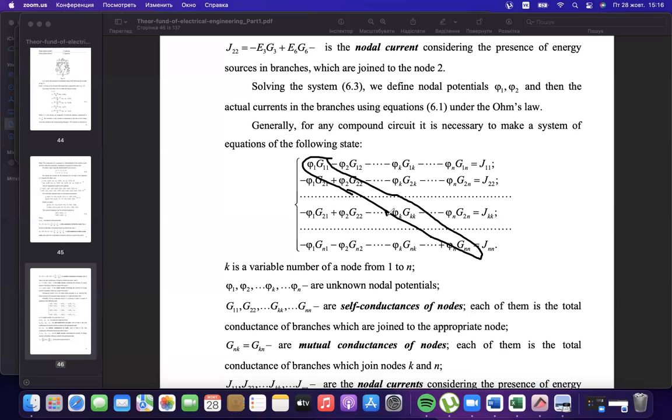Here is a mistake, it should be positive. It is just an editing mistake of this methodological book. The diagonal part is always positive, all other parts always negative.